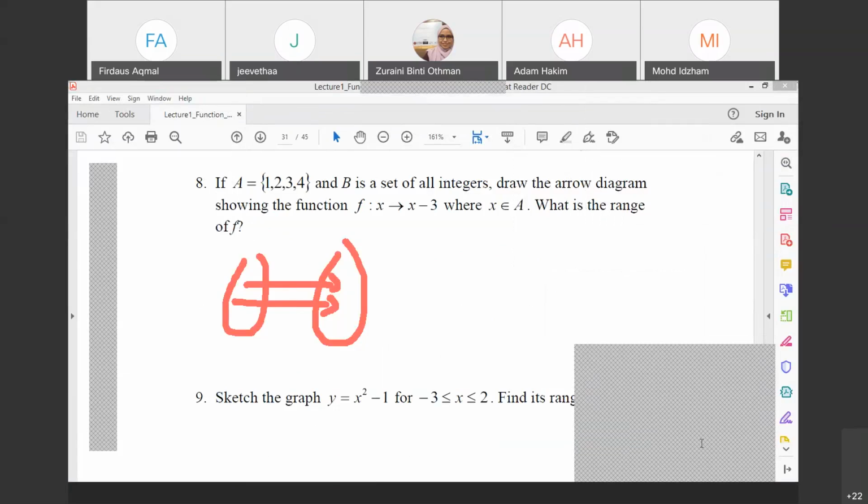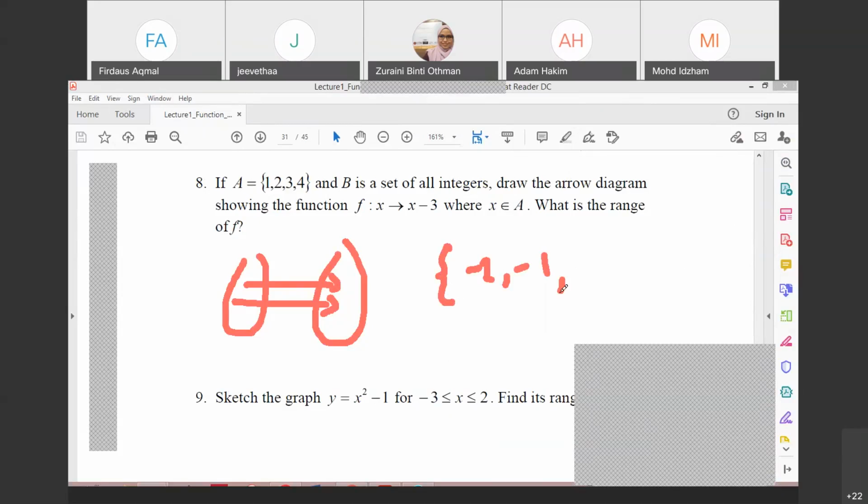Okay. So, our answer, the correct answer will be like this. It is bracket, like you write previous, which is negative 2, negative 1, 0 and 1 in curly bracket.